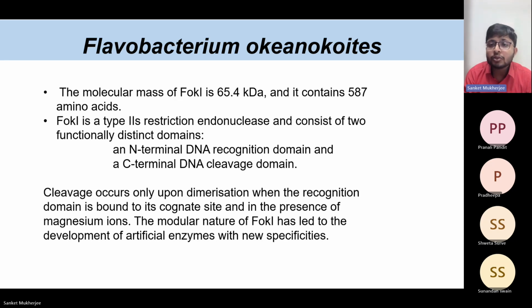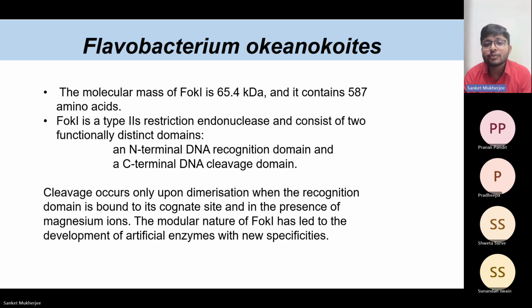Why are we studying this? Because later in this course, even in some lectures, you must have heard that we create chimeric enzymes. Let's say we take the recognition domain from one restriction enzyme and the cleavage domain from another restriction enzyme, and through this method we can get targeted genetic modifications.